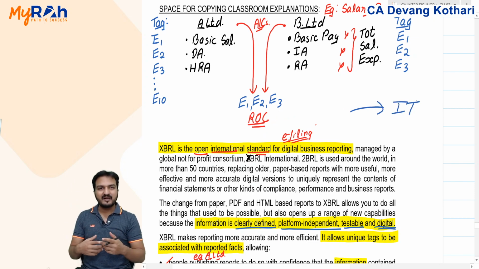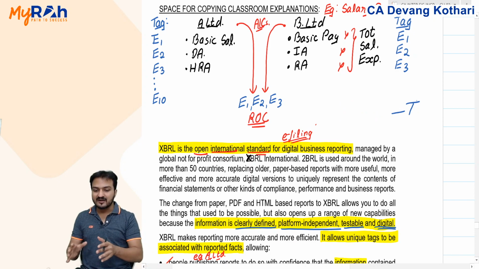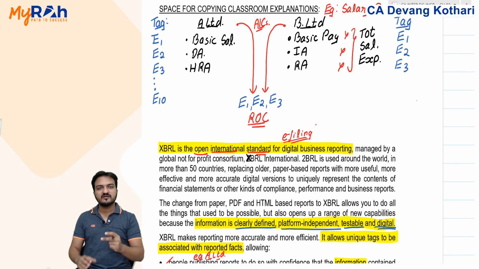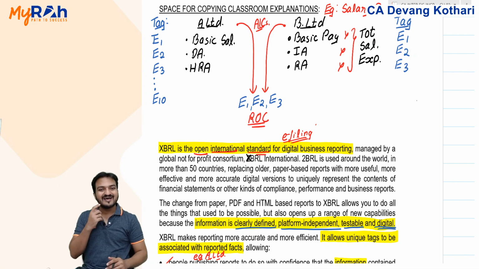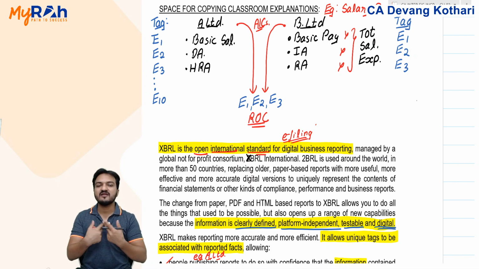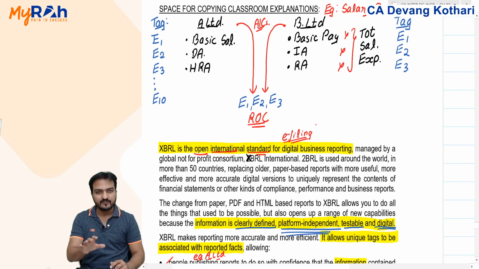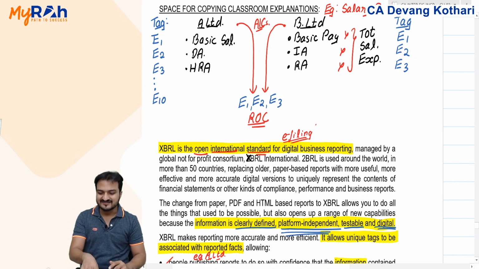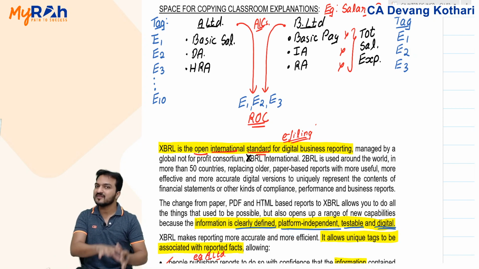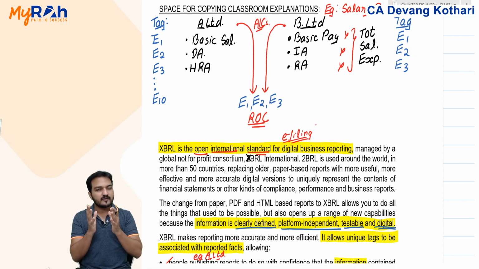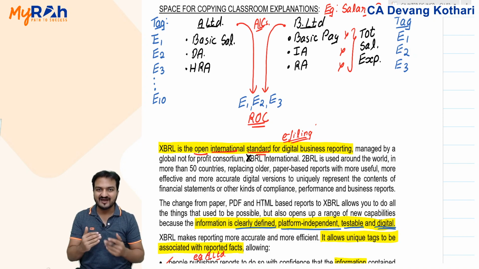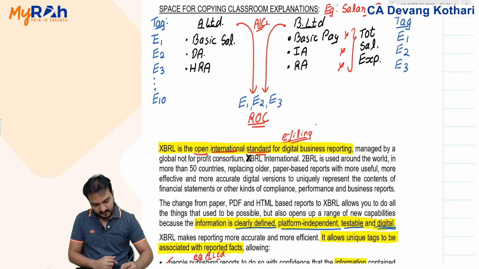Because it is platform independent, the same data can be read by the GST server and income tax server. It can be studied by any different servers of the government. Platform independent means that data filed with ROC does not depend only on the ROC platform. It can be read and shared with any other platform also.